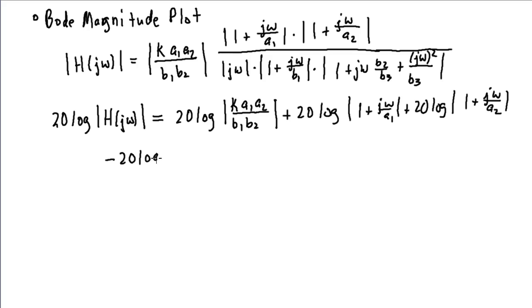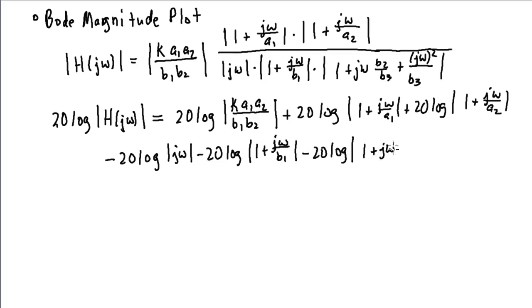The log of the ratio is the difference of the logs, so 20 log of j omega and 20 log of 1 plus j omega over B1, and then finally minus 20 log of 1 plus j omega B2 over B3.